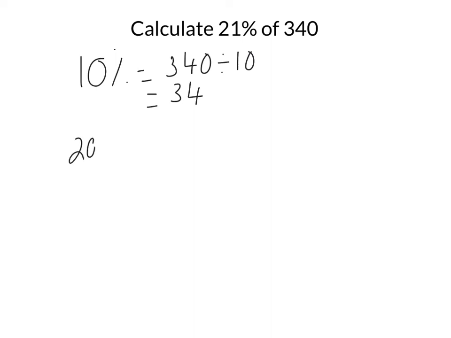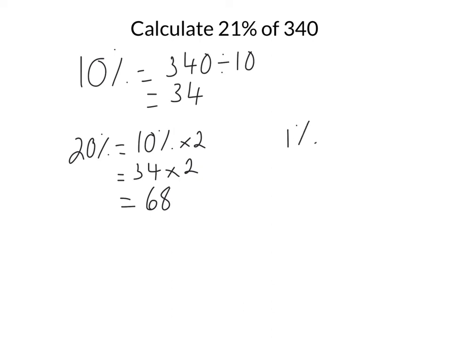So I can then find 20%, which is going to be my value for 10% times by 2. So this is going to be double 34, which is going to be 68. I then need to find my value for 1%, which is going to be my value for 10% divided by 10.